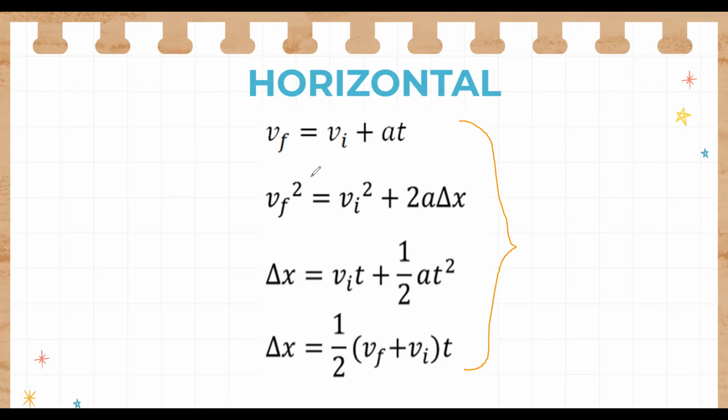Therefore, if, for example, I am looking for the initial velocity in a specific case, and I already know the final velocity, the acceleration and the time, therefore I can use this very first formula to isolate for my initial velocity. All right? Same goes for every single formula that we have here. And as I said, they're all going to get us the same result.